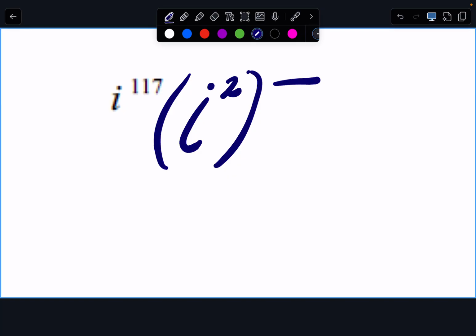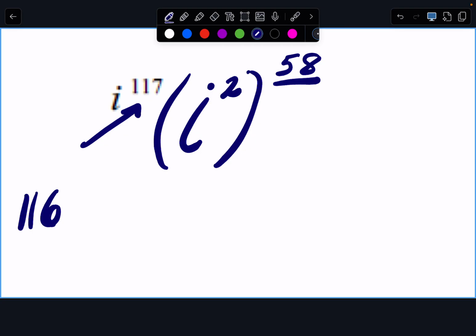So let's get as close as possible here. What would be divisible by 2 that's dang close to 117? 116. Let's try that. 116 divided by 2 is 58. Okay, so let's put a 58 up here.